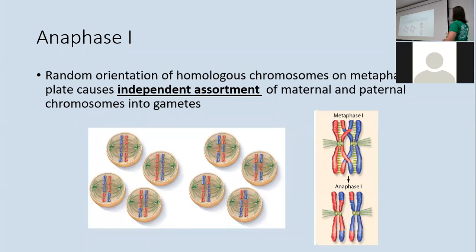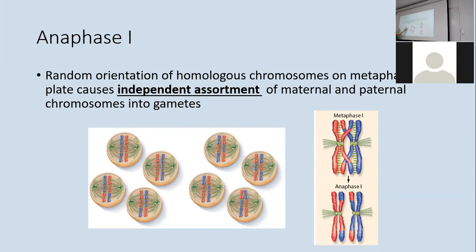All right. So this is where shuffle number 2 happens. The random orientation of these chromosomes on the metaphase plate, and it's kind of where each maternal and paternal homolog is. Because you could line up like this. I could end up sending all maternal chromosomes to one side and all paternal to the other side.